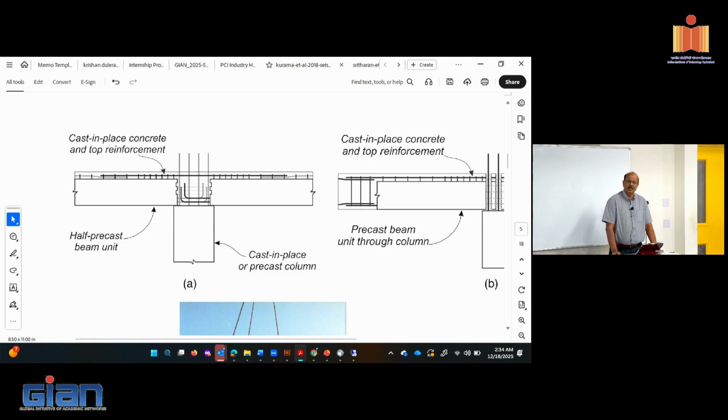This is again what they call an emulation type. It's used in both seismic and non-seismic, and obviously in the seismic region, they would expect plastification at the end of the beam. So typically, what you have is a column.